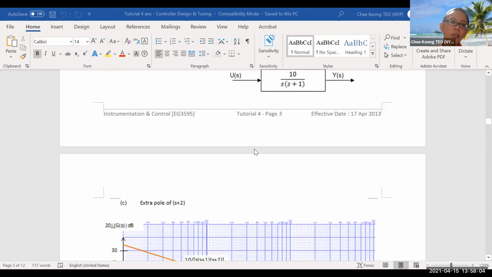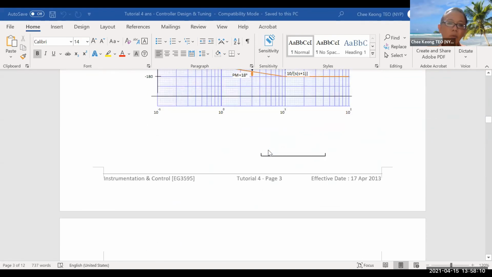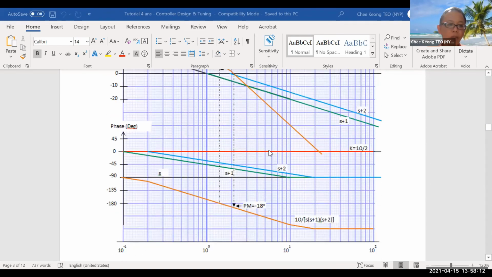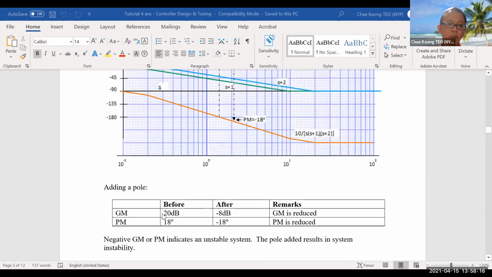So by introducing an additional S plus 2 at the bottom, it causes both the gain margin and phase margin to go negative, right? So before it was 20, after that you become minus 8. Before the phase margin was 18, now it becomes minus 18. So basically, both your gain margin and phase margin greatly reduce, and they reduce to a negative region.